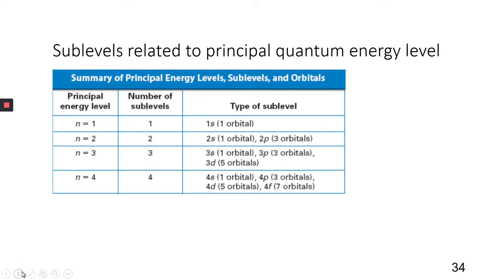So how are sublevels, which are our L's, related to our principal quantum number, which is our n's? Well, as it turns out, your principal quantum number tells you how many sublevels you will have.